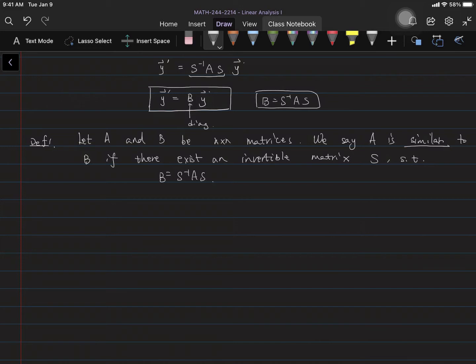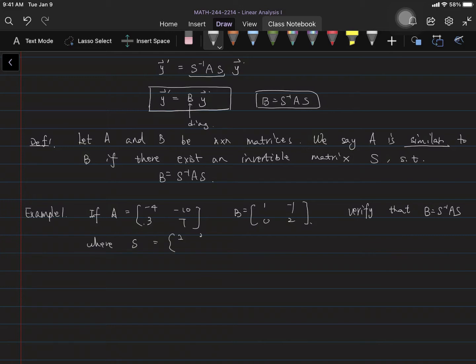Let's take a look at example 1. We have a matrix A and a matrix B. Verify that B equals S inverse AS, where S is given, S equals 2, -3, -1, 2.